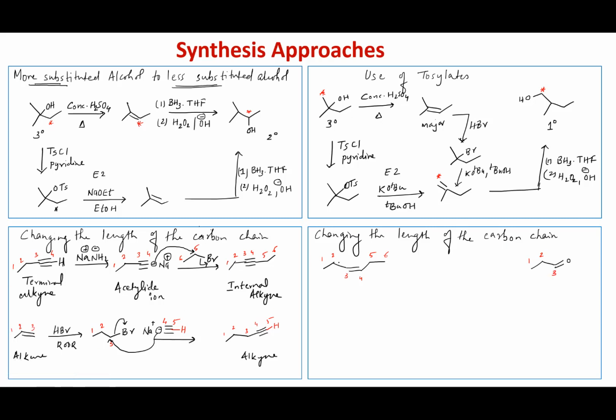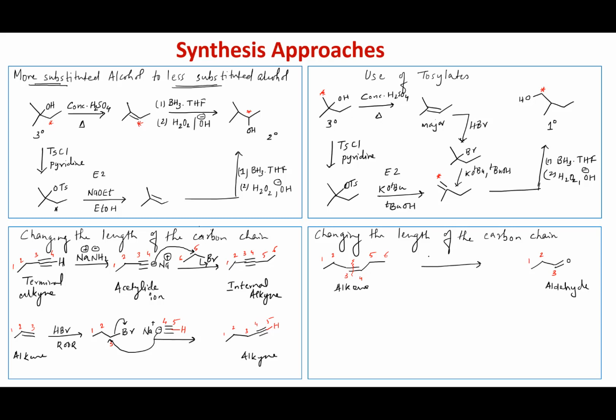And so it looks like what we have to do here is we need to break this alkene in the middle, and we have our product is an aldehyde. Okay, so this is an aldehyde. So if you recollect, one reaction that allows us to convert an alkene into an aldehyde and simultaneously break the molecule, okay, is the ozonolysis reaction.